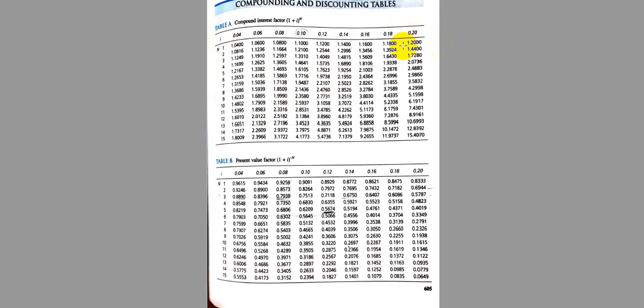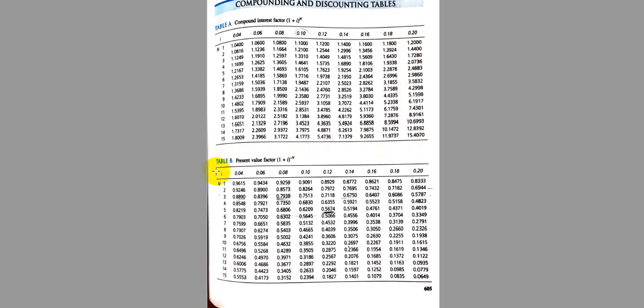Here $1 at 20% after 1 year is 1.2, like you can see here. All the amounts you can see here for compounding are written in factors with amounts more than $1.